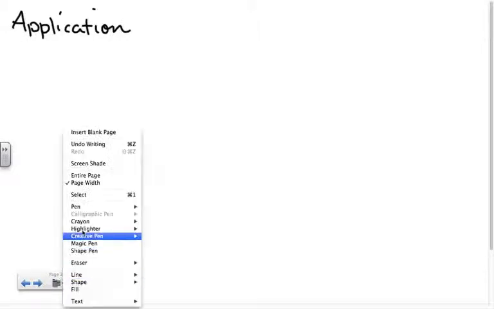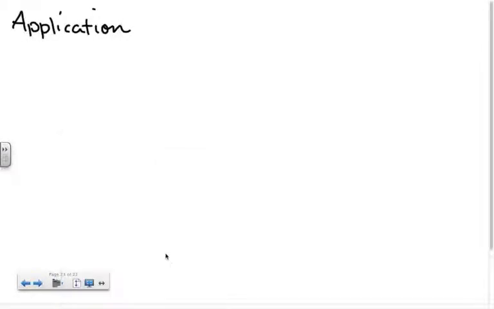So we have an application. For this problem, let's do the example. In this situation, they give you the equations to work with.